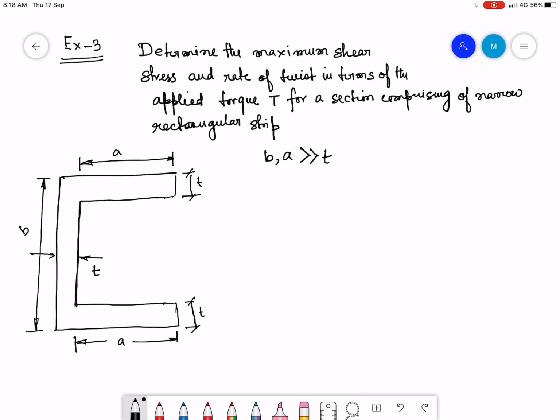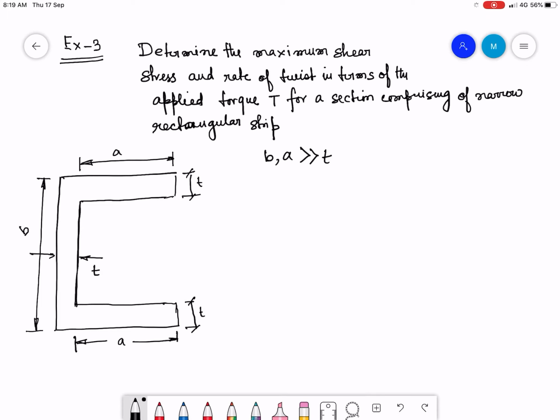Now, let us see how to relate the applied torque T with the angle of twist theta, or in other words, how to find out the torsional rigidity of this cross section.